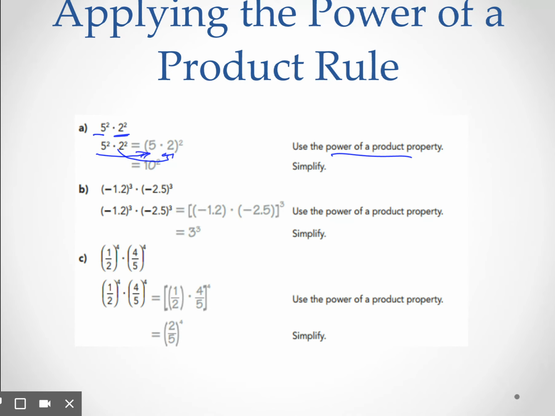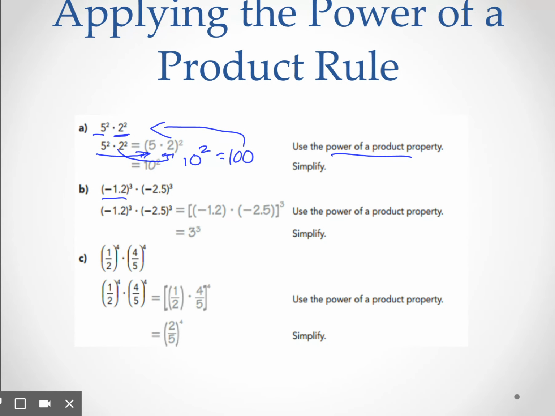And because I can do that and have them both raised to the second power, then I could simplify that even more, which is where I get this 10 squared. And if you were asked to evaluate that, it'd be a little bit easier to know that this is 100 than doing these as two separate expressions.